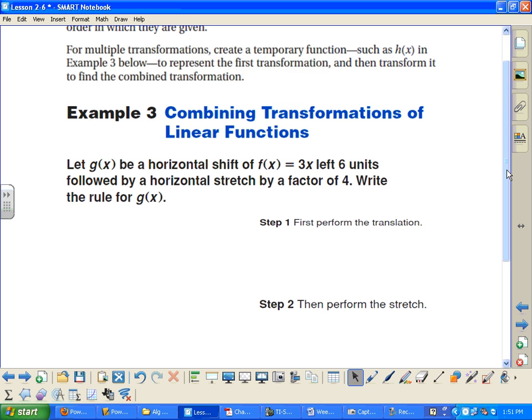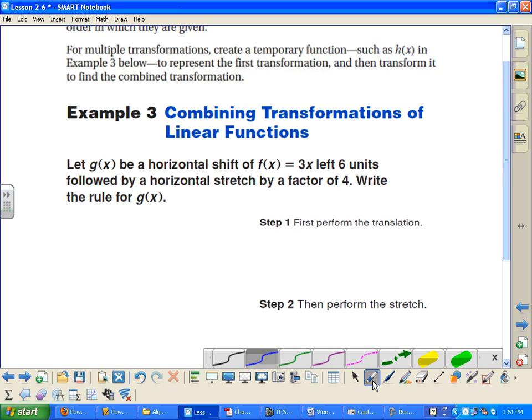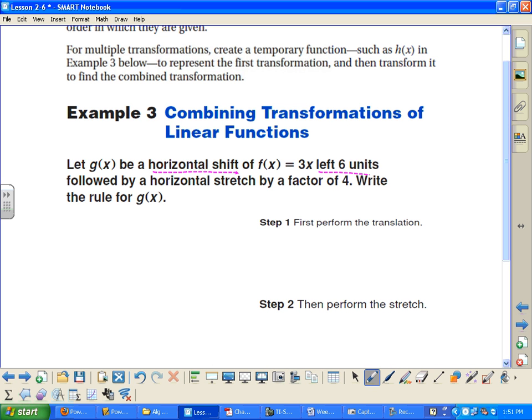Okay? So first thing that we're looking at is we are going to go horizontal shift left 6 units. So we've done 4 letters we've worked with. A, B, H, and K. Does a horizontal shift left 6 units, which of those 4 letters does that involve? Okay, look at your book.